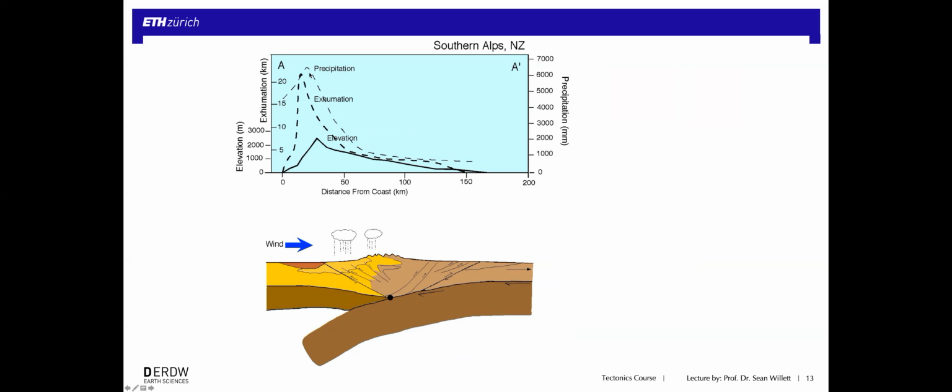And the rainfall, precipitation, is also maximum on this side and falls off quickly like that. So we have this correspondence between the rainfall, the exhumation, and an asymmetry in the elevation. Although I'm going to argue in a minute that we don't actually know what's cause and effect here. But this is the pattern we see in the Southern Alps.